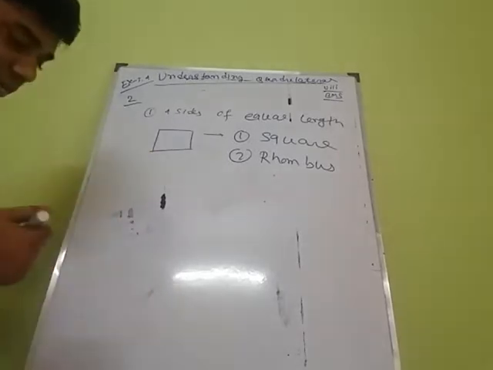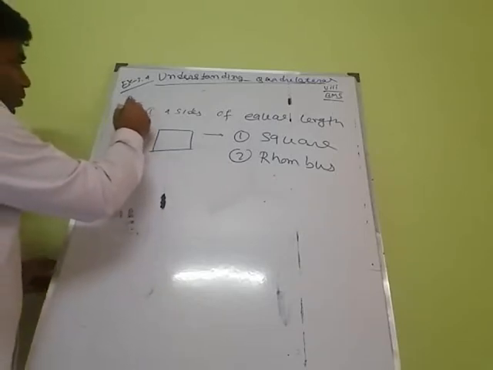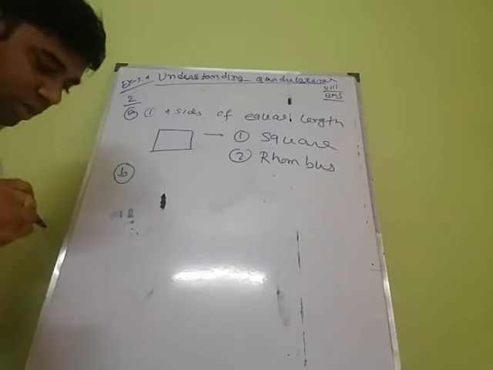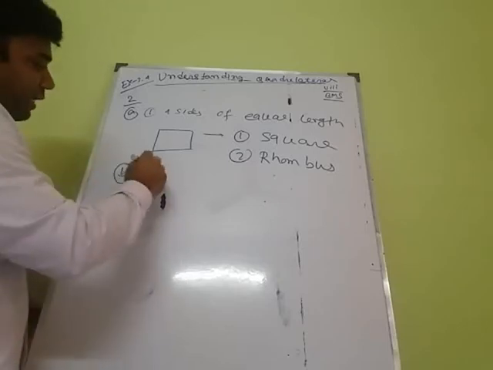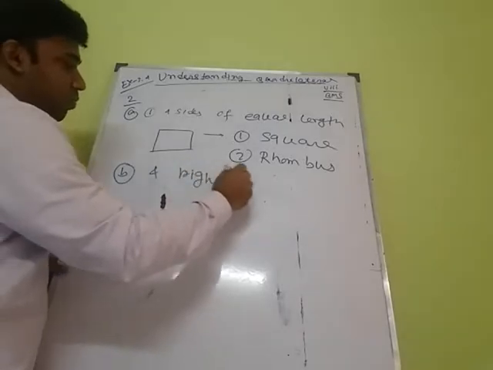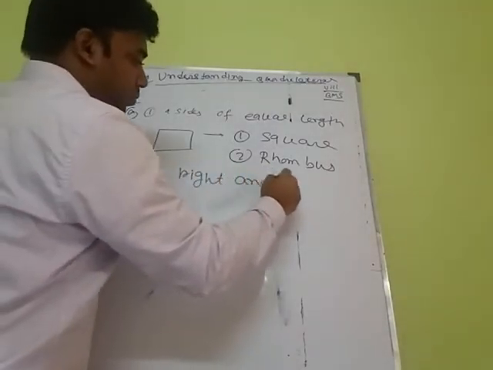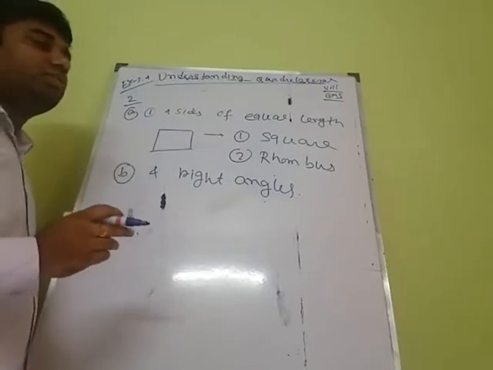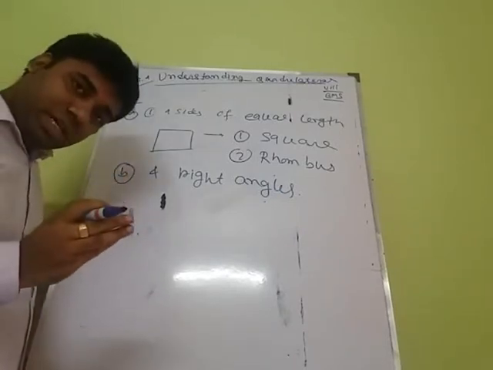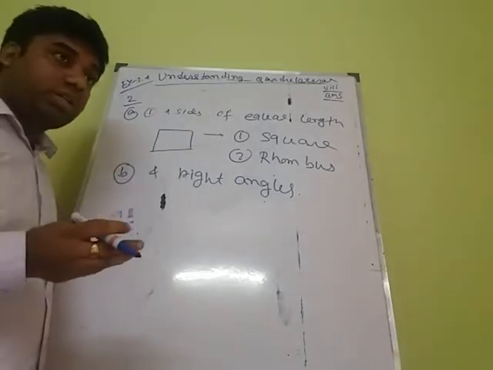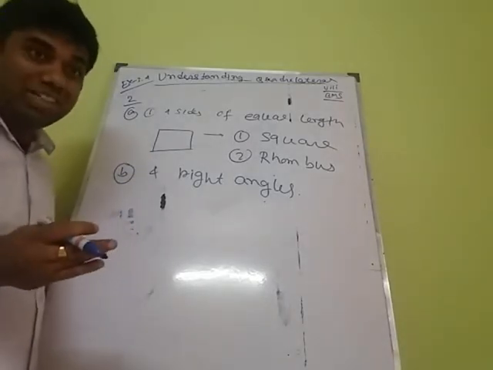Second question, part B: four right angles. Quadrilaterals, we know, are trapezium, parallelogram, square, rectangle, rhombus, kite.